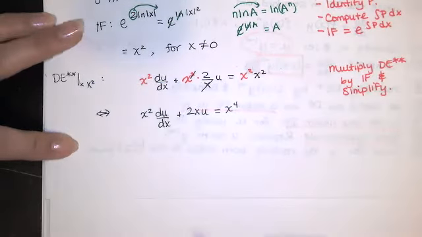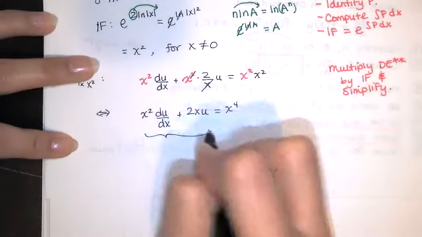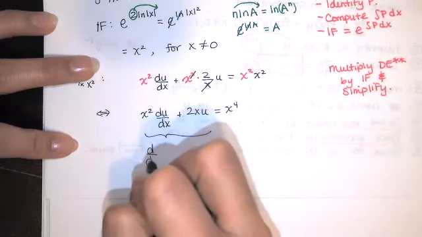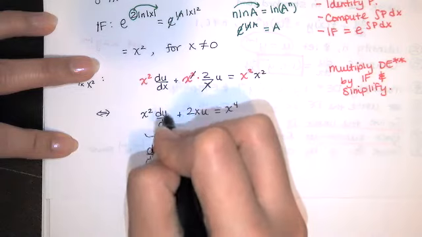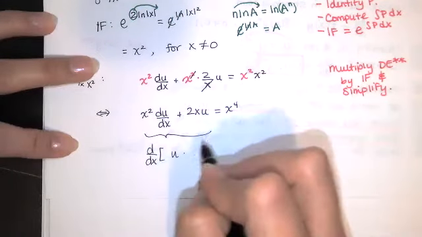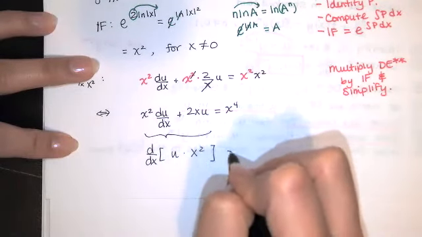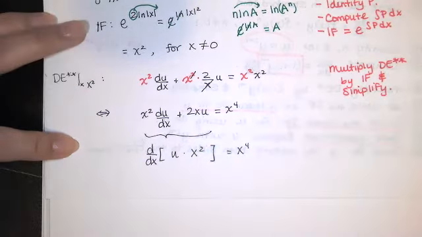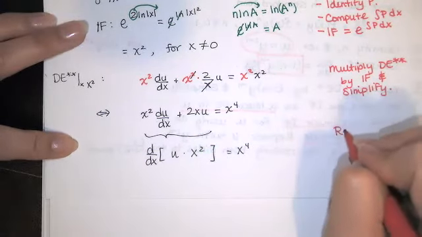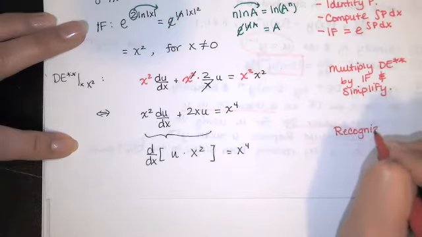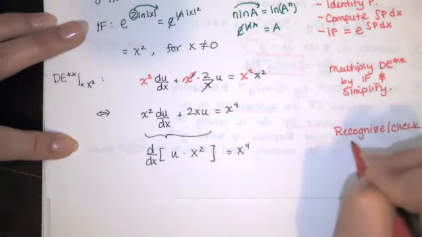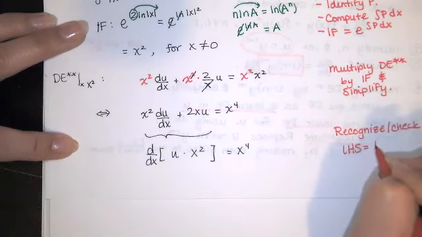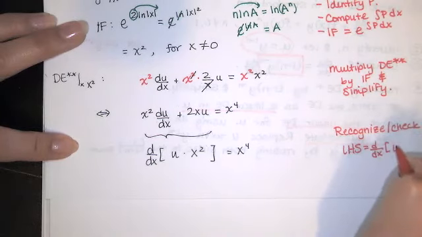Now, if we've done everything correctly, the left-hand side of this first order linear differential equation should be the derivative of the dependent variable, which is u, times the integrating factor, which was x squared. So we want to recognize the left-hand side as the derivative of u times the integrating factor.